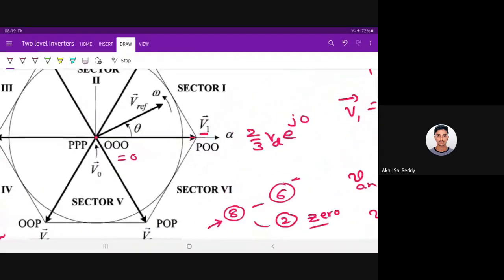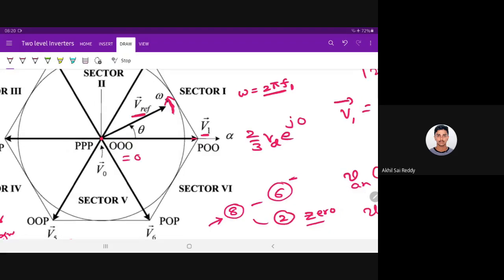So we defined this V reference, which corresponds to the modulating signal of the sine PWM technique. This is a rotating space vector. What is its speed? The angular speed is omega, which we defined as 2 pi f, where f is the fundamental frequency, so we can replace this with 2 pi f1, where f1 is the fundamental frequency of the modulating signal.